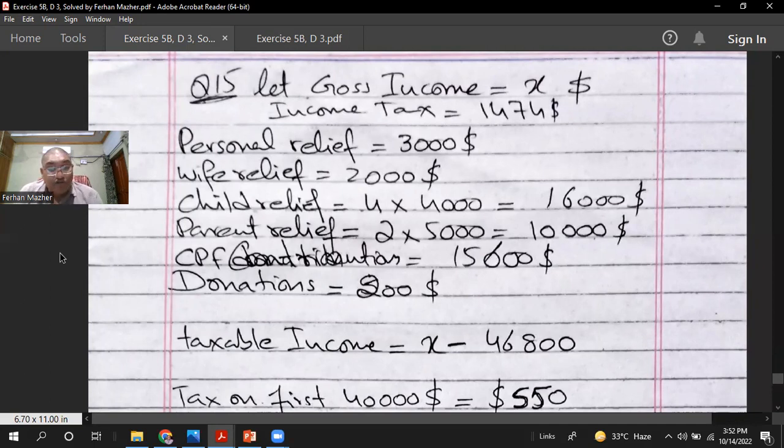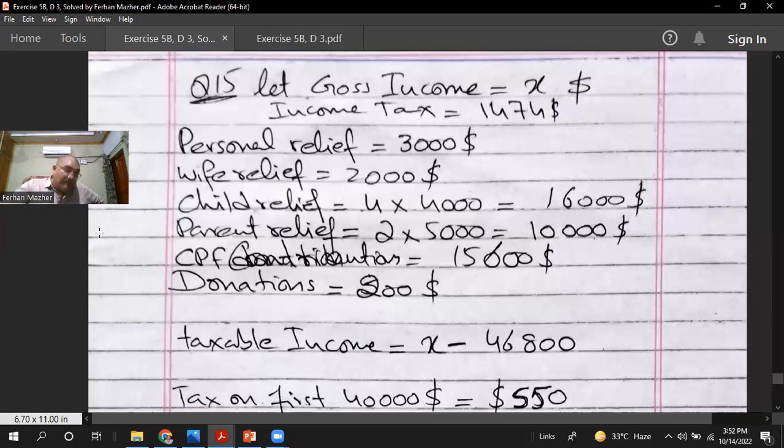Parent relief, because there are 2 parents with him, is 2 multiplied by 5,000, so it is $10,000, and CPF is $15,600, and donation is $200. If you add up all these reliefs, it is 46,800.